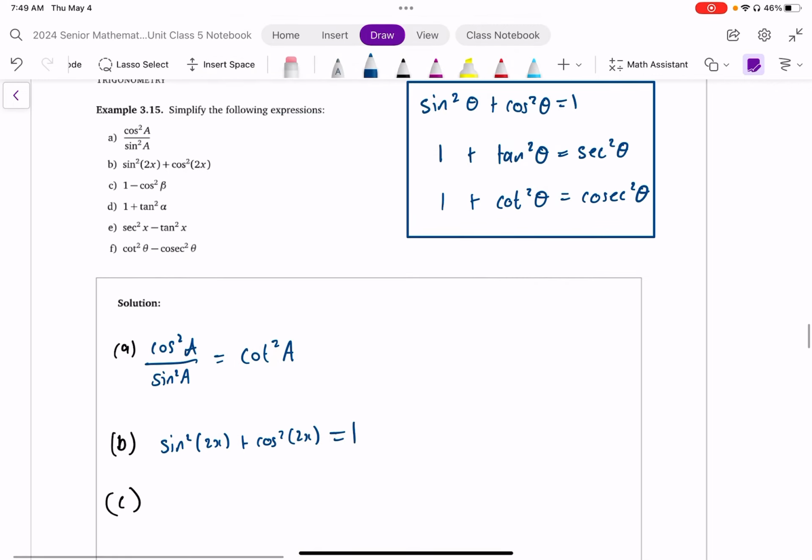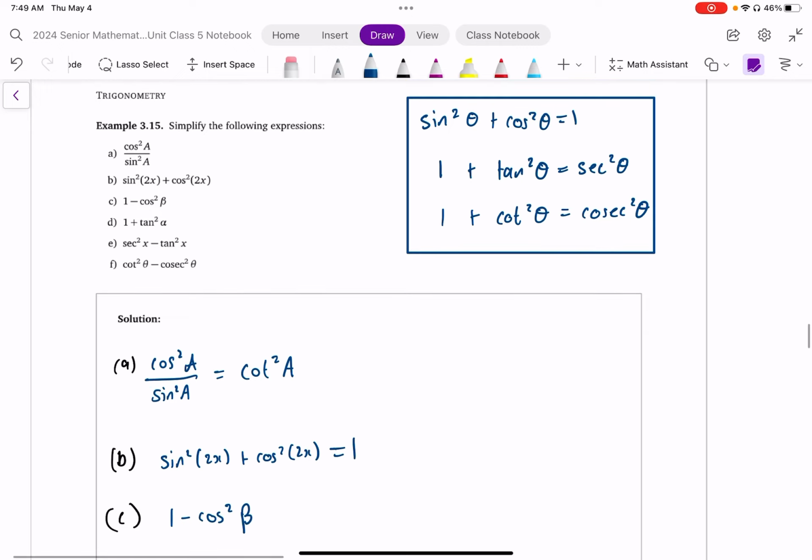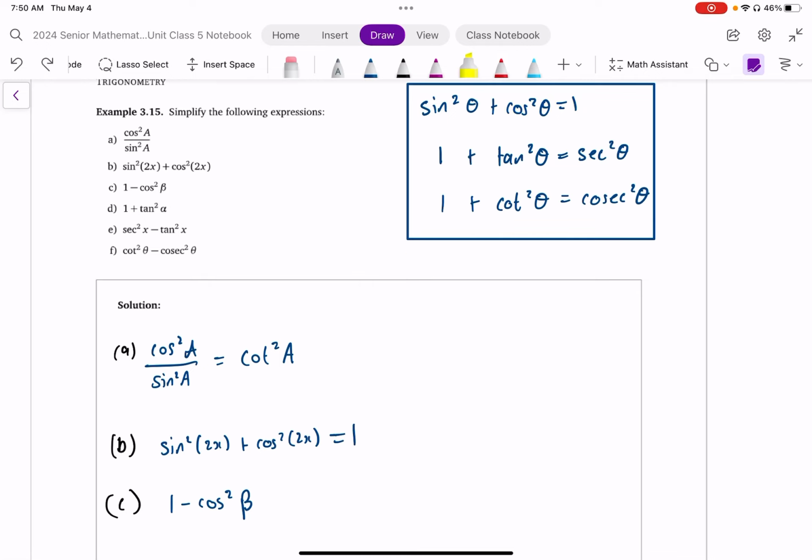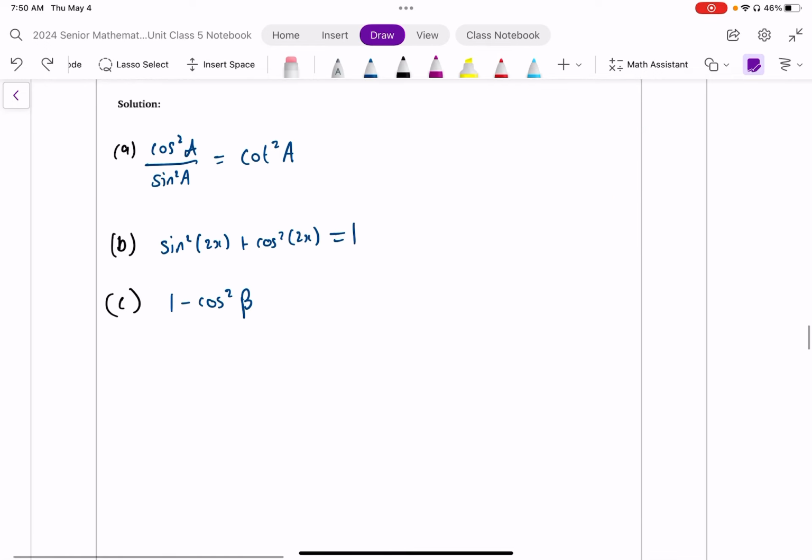So I've got 1 minus cos squared beta. Okay, it's not a B, it's beta. It's a Greek letter. Now, I'm going to see if I can find any 1s and any cos squareds in any of those expressions. Okay, well I've got a 1 here and I've got a cos squared, but they're not together. So what I could actually do is from that very first result, I'm just going to write it with the angle beta.